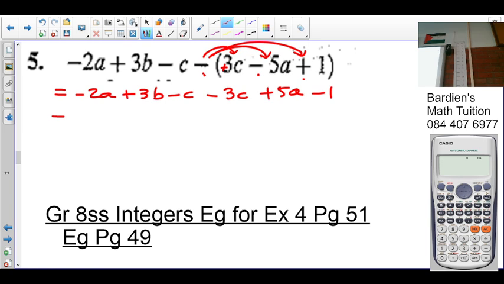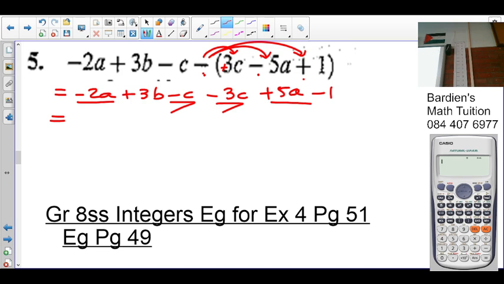Like terms. Negative 2a plus 5a. 3b on its own. Negative c, negative 3c, and negative 1 is also on its own. You all agree with that?